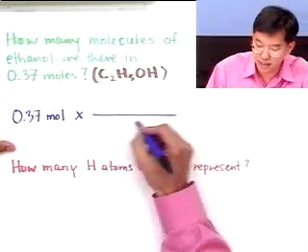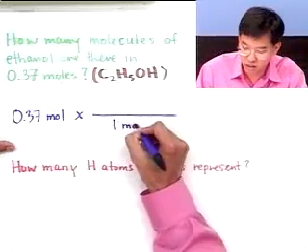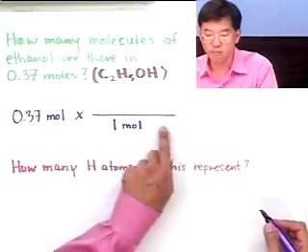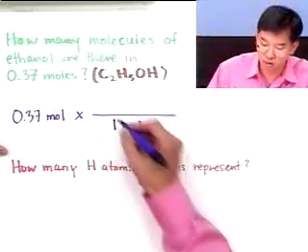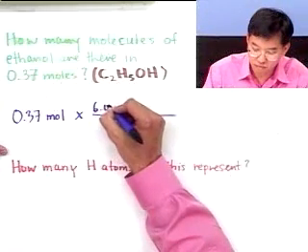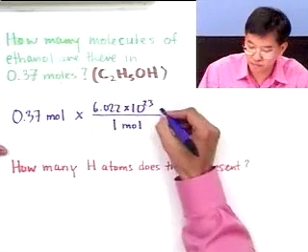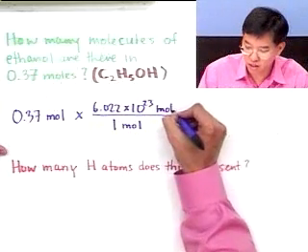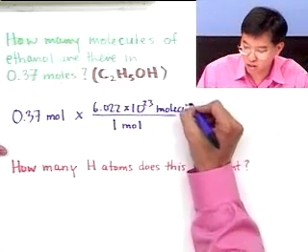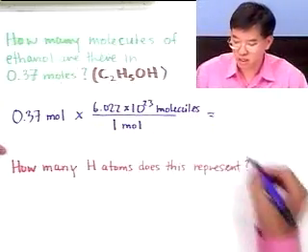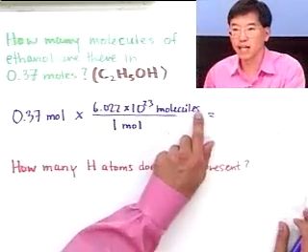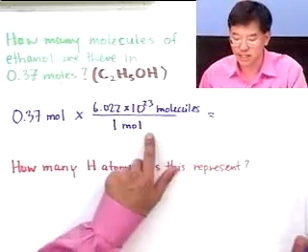So we get 1 mole, and again we could write this as 1 mole of ethanol, but we'll just write it as 1 mole, and 6.022 times 10 to the 23rd molecules. And this could say molecules of ethanol, but it's implied.